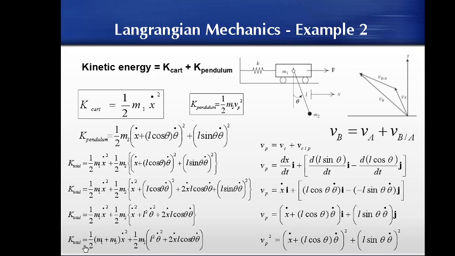So K total is equal to half (m1 plus m2) whole into x dot square plus half m2 into L square theta dot square plus m2 x dot L cos theta into theta dot. So I have derived the expression for total kinetic energy.